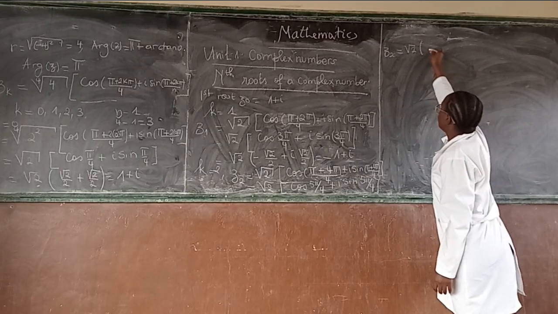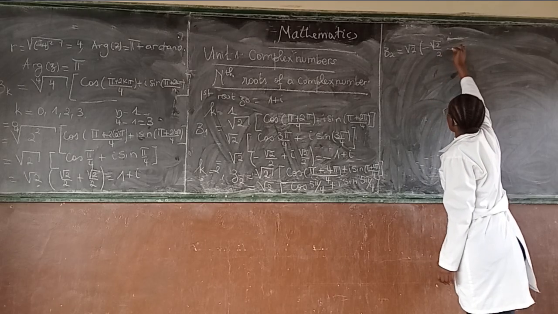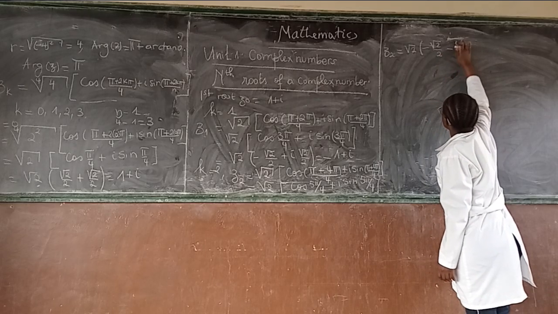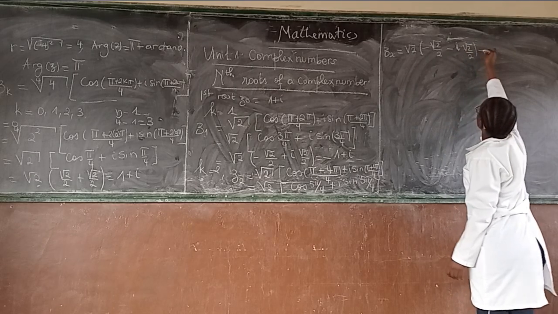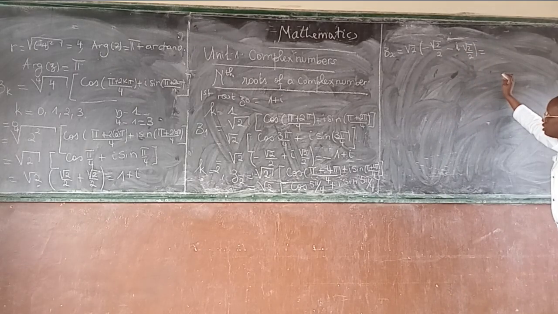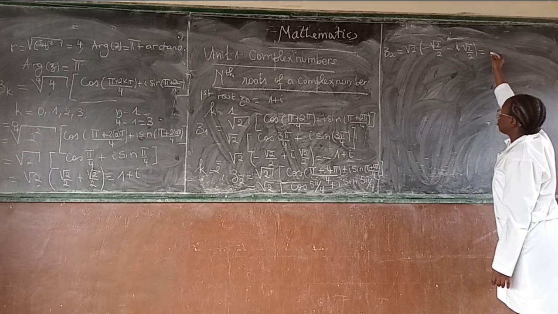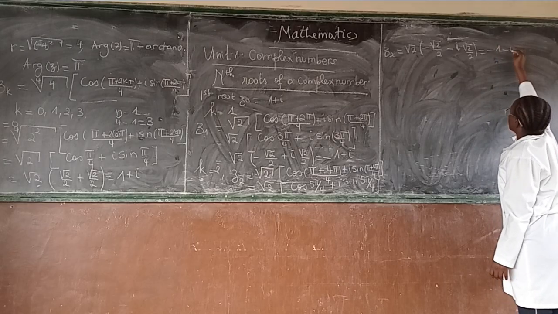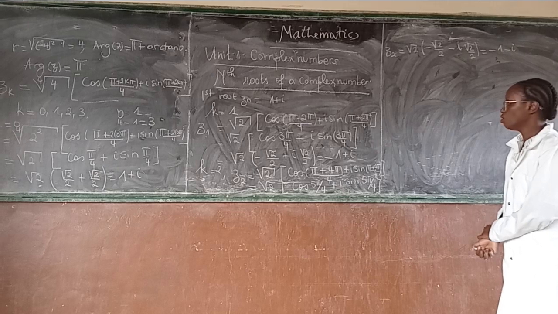So we'll have negative square root of 2 over 2 minus i square root of 2 over 2. If we multiply the square root of 2 inside, we stay with negative 1, negative i. So this is the third root of our complex number.